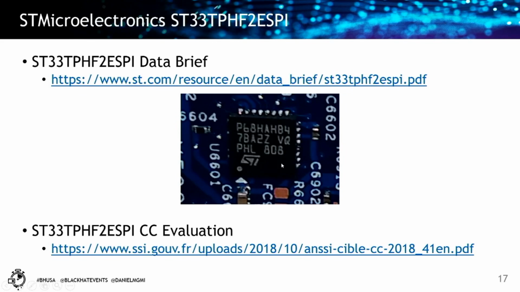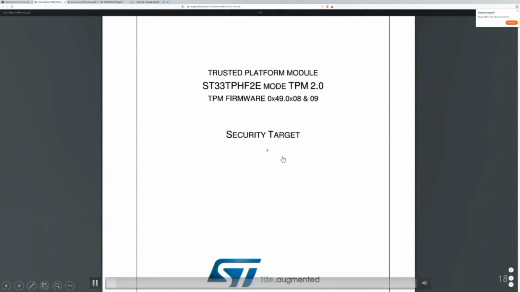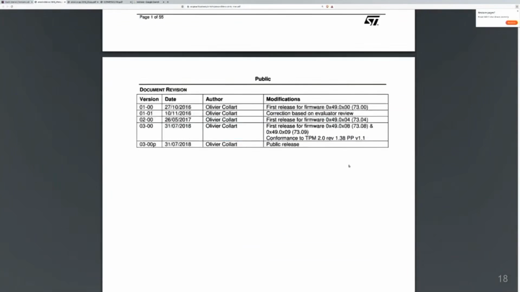We looked at the data sheet of this chip, and it shows that it supports resistance against side channel attacks. And we also looked at the evaluation, and here is the link for the evaluation of this TPM chip.